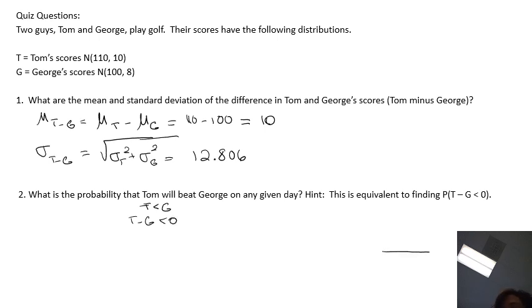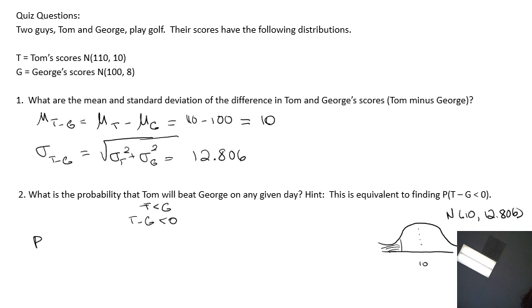So I have the same new normal distribution that I had before. My mean is 10. My standard deviation is 12.806. So there's 10. I want Tom minus George to be less than 0. So that's down here somewhere, right?